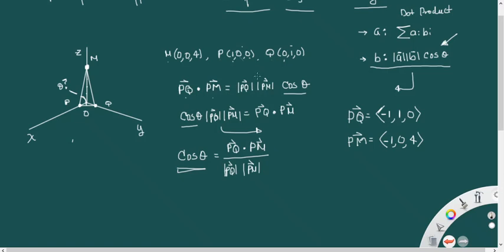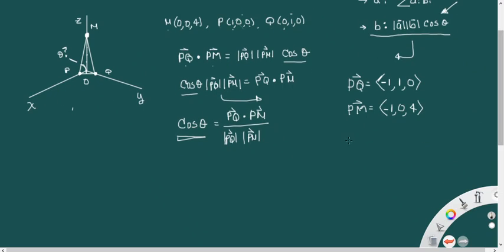Now the next step that we need to do is to calculate the length for vector PQ and the length for vector PM. As we know, the length of a vector is the square root of the sum of the squared values of its components.